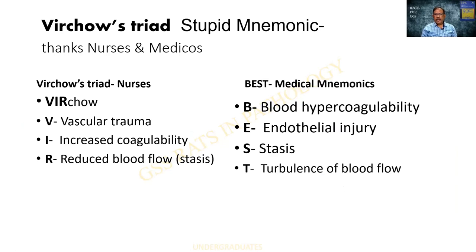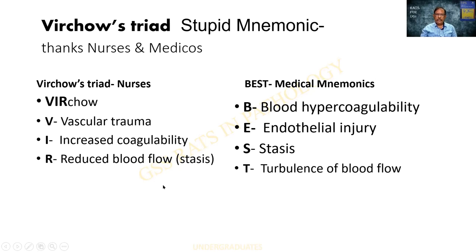Stupid mnemonics are our favorites. Thanks to nurses and the medicos for having provided these two mnemonics. You people can take whichever you like. Virchow's triad, VARCHOW. V for vascular trauma, that is endothelial injury. I for increased coagulability. R for reduced blood flow or stasis.